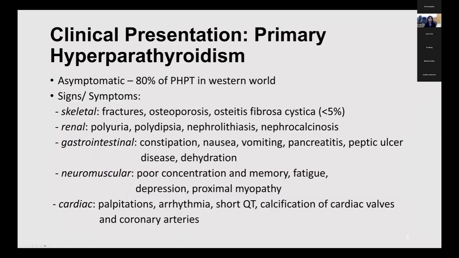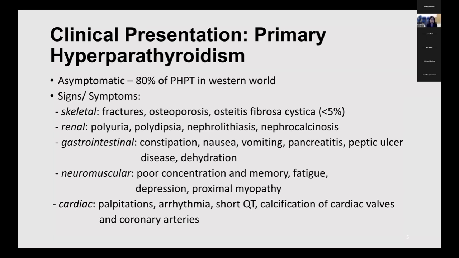So, how do these patients typically present to the clinic? While the presentation with hypercalcemia was true a few decades ago, in today's times in the Western world, about 80% of patients are asymptomatic and diagnosed on routine testing.